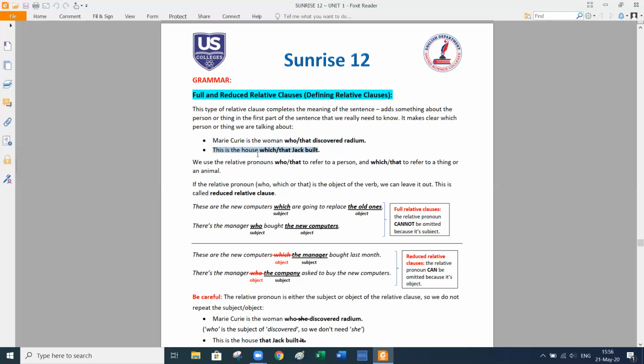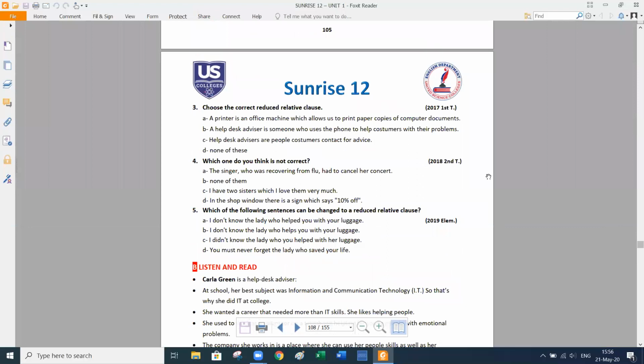We need to define the house. So this is the house which Jack built, or that Jack built. So in both these examples, the relative clauses are defining. They are telling us exactly what noun, what person, what thing we are talking about.